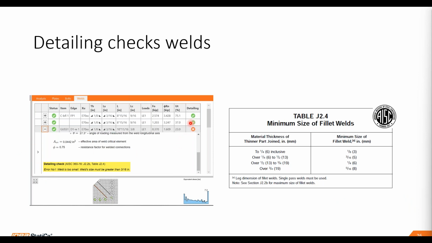You will see a new column when you're reviewing weld results that will say detailing. So if you see a red cross there, you have to open that report and scroll down to the results and see the detailing checks over there, and that will tell you what is needed.